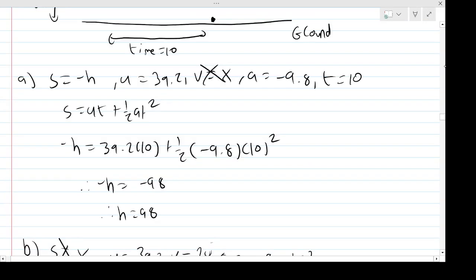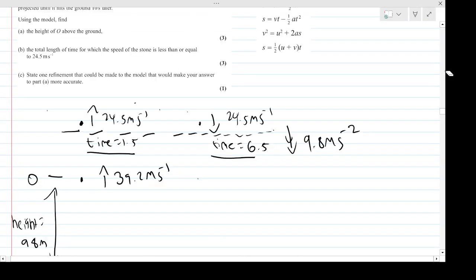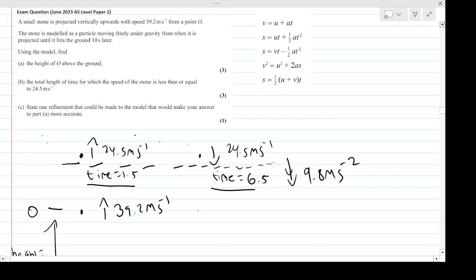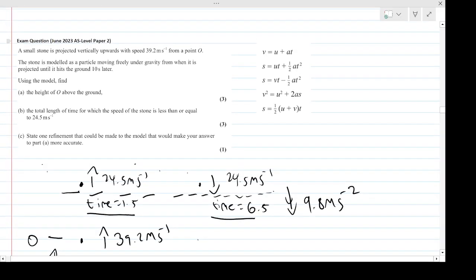Okay, there we are. And then part C, state one refinement that could be made to the model to make your answer to part A more accurate. So in other words, what more accurate in terms of real life, so make it more realistic. Now there are two sort of stock answers you can say for this, because it does come up.